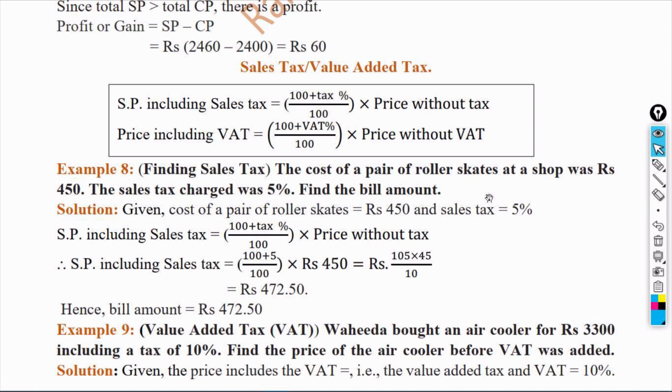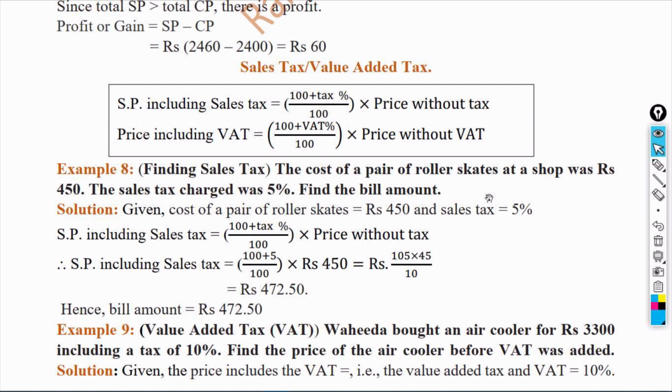That means if any shopkeeper purchases an item for rupees 2000 and the selling price is 2100, then that price without tax, 2100, you have to put here and simply multiply it by 100 plus tax percent divided by 100.